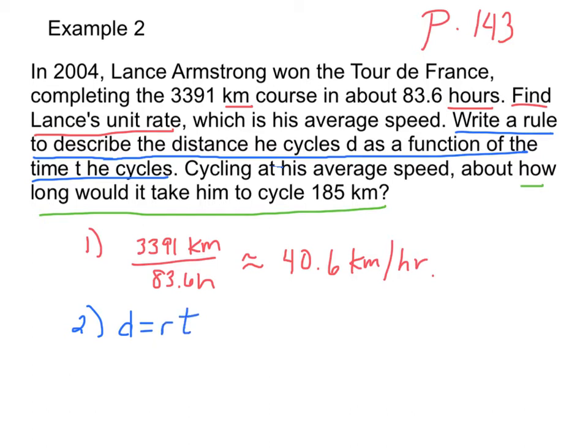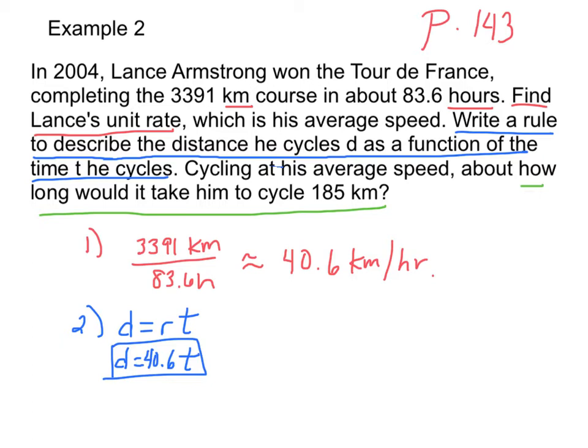Rate is speed. The distance is what we don't know. The time we don't know. But what do we know? His rate. What's his rate? 40.6. So there's part 2. The distance is 40.6 kilometers per hour. That means every hour he goes 40.6 kilometers.